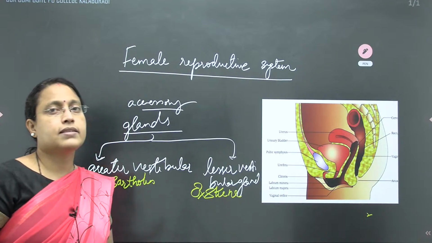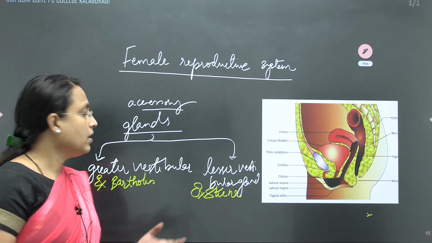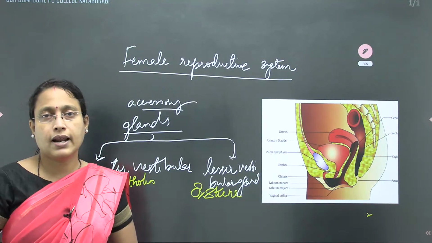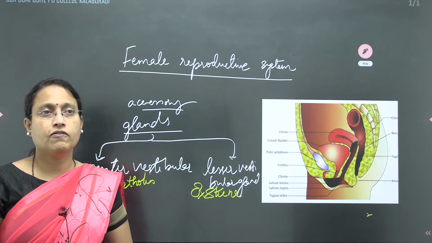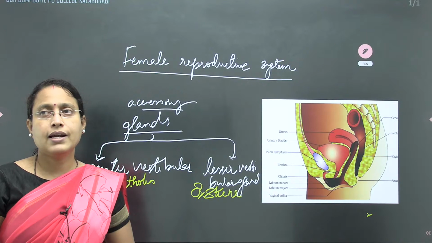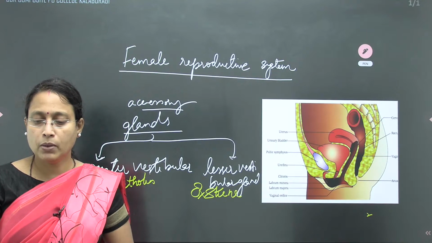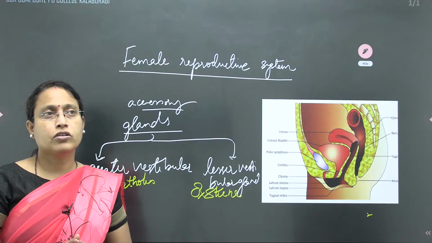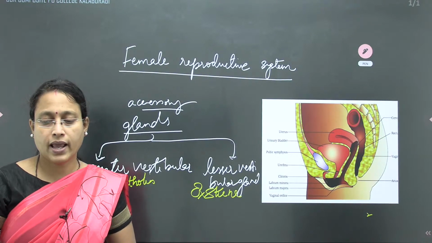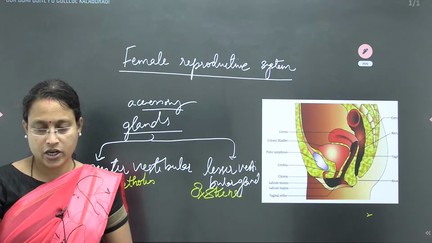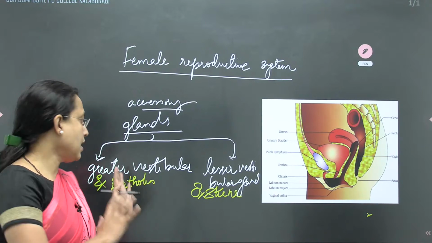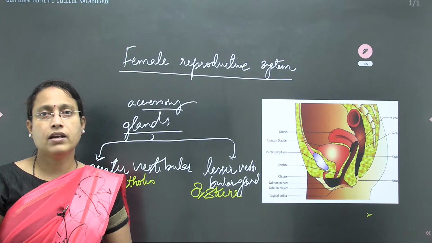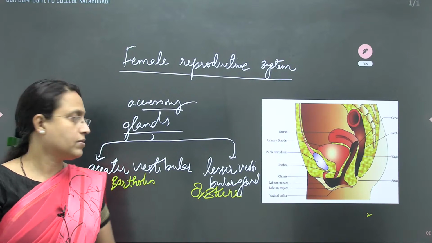This is not there in the series, so I'm going to brief it. The Bartholin gland is a racemose gland which appears like a bunch of grapes, and it is similar to the bulbourethral gland. It is going to secrete an alkaline fluid and help in lubrication. The ducts of this gland open on either side of the vaginal orifice.